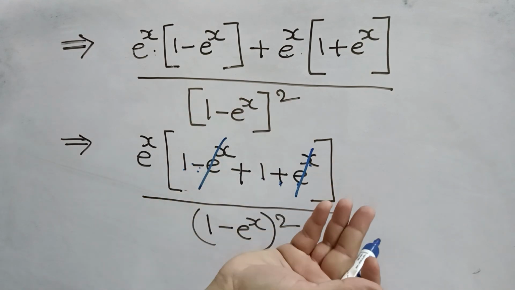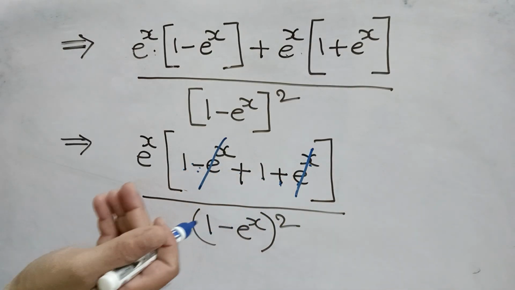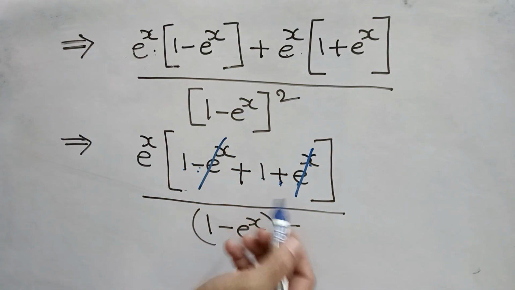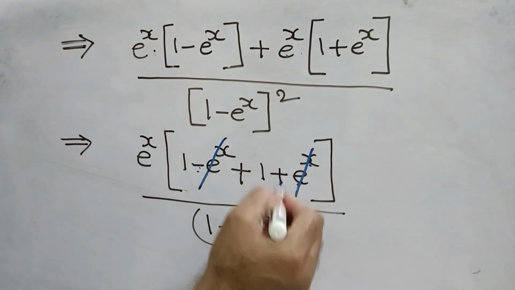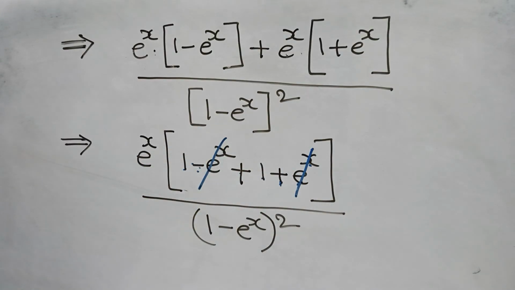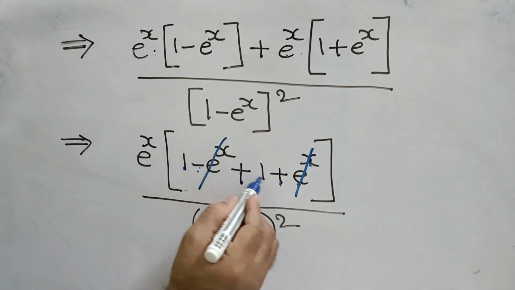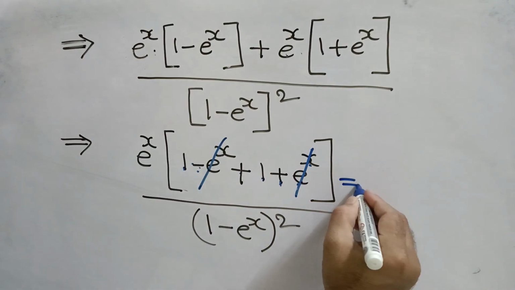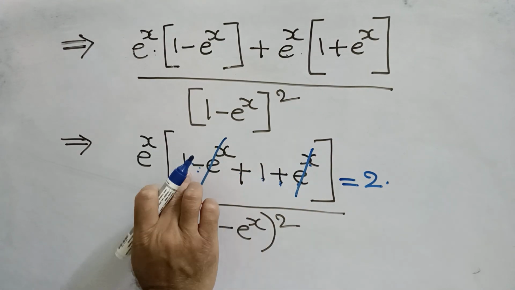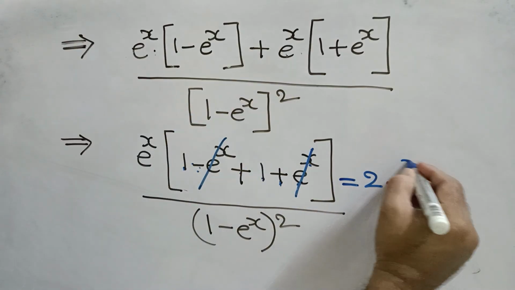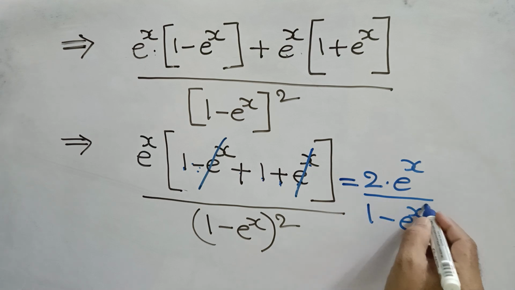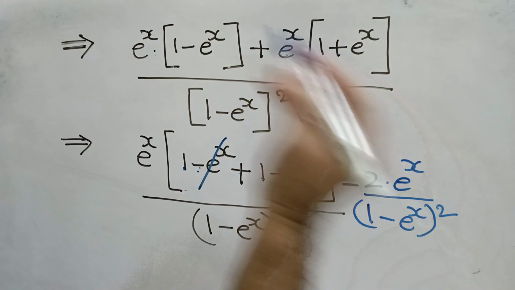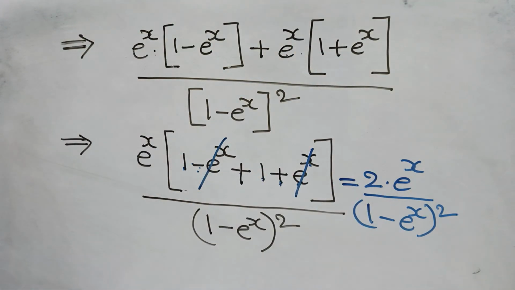Therefore, they will be cancelled. Then what do we have actually? 1 plus 1, how much? 2. Therefore, you will have 2 into e power x, by what is the denominator? 1 minus e power x whole square. My dear, this is your answer. I hope you understood this example well.